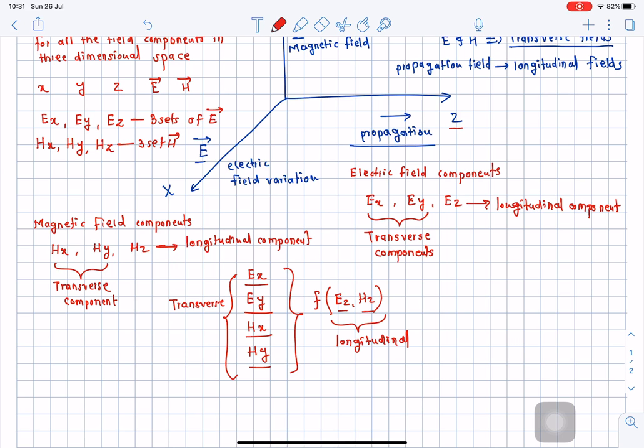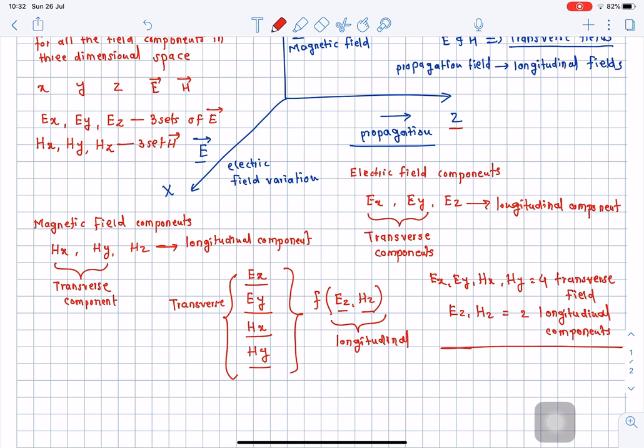So Ex, Ey, Hx and Hy are the 4 transverse field components, and Ez and Hz are the 2 longitudinal components.